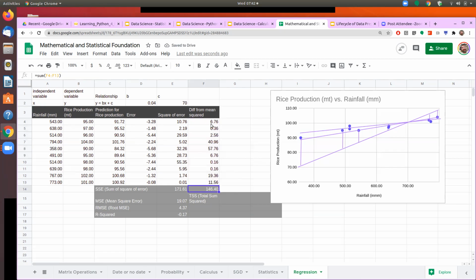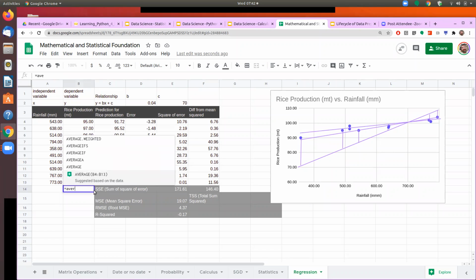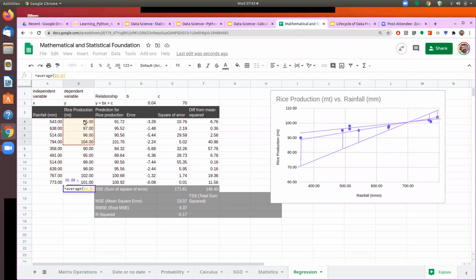So we are saying how much is the variation. The total variation is the simple variance that we have computed earlier, and the variance was that we find out the average. So here you can also write the formula: the average of the actual values that we have got, and then we find the difference of the average and the actual value.